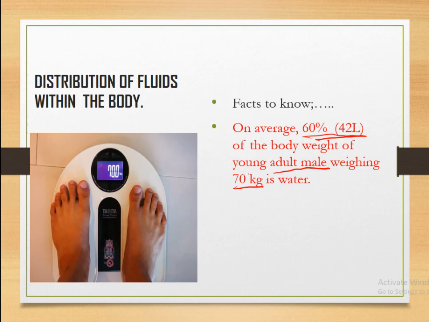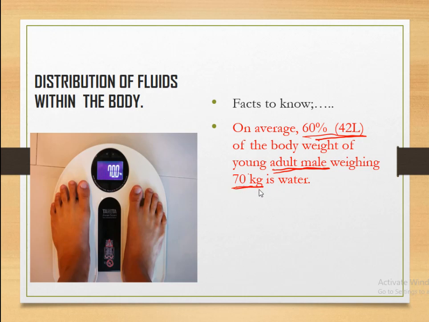Between a baby and an elderly person, there is a big difference in the water they have in their body. So in this statement, we have used a young male adult weighing 70 kg.